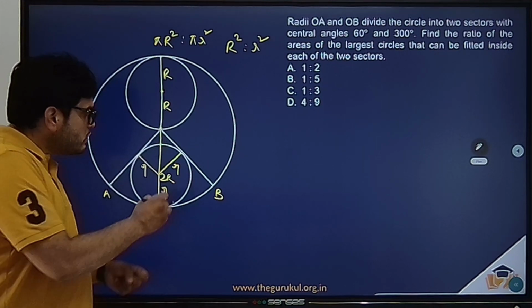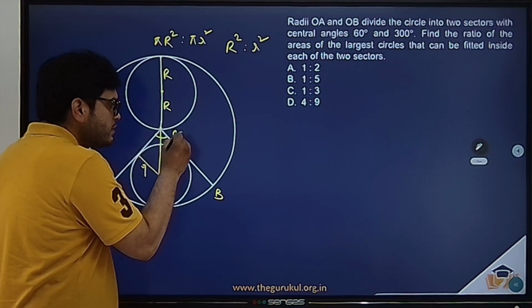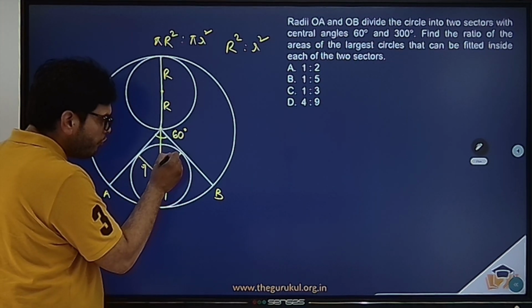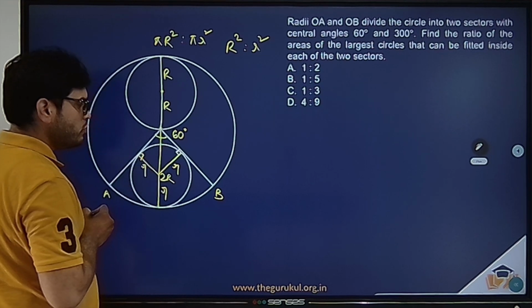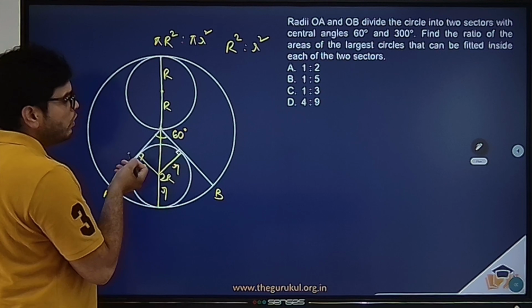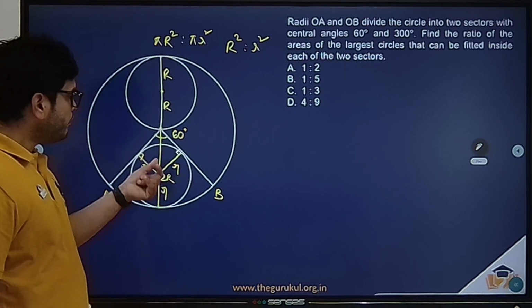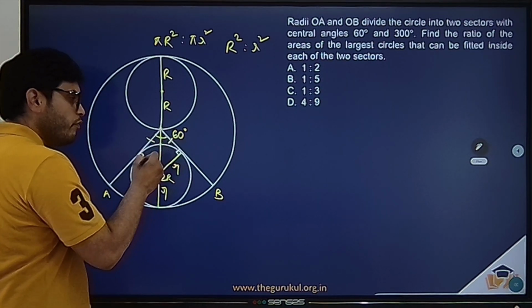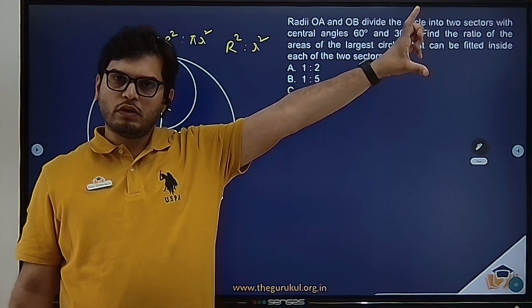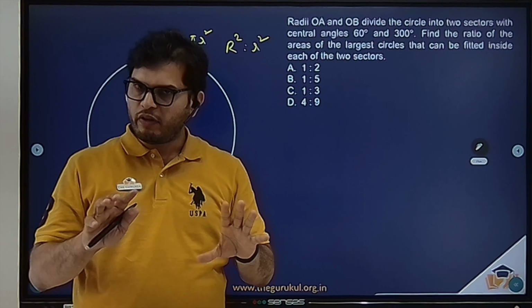Now this total angle is 60 degrees, right? When we know that at the point of tangency you have a right angle, this is 90 degrees. Since these two triangles are congruent, these two are of equal length, because when you draw tangents from an external point to a circle, the two tangents are of the same length.